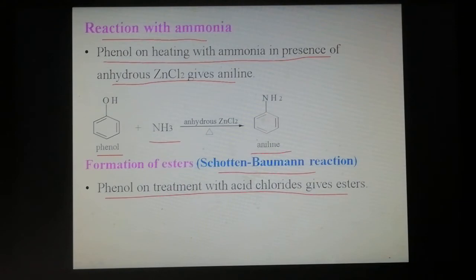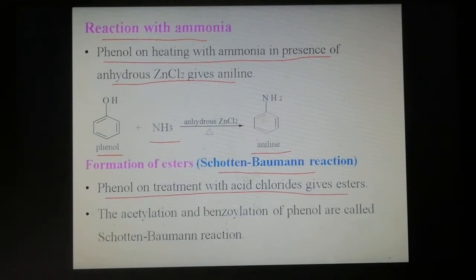Acid chlorides are, for example, acetyl chloride and benzoyl chloride. When acetyl chloride is used for conversion to ester, the reaction is acetylation. When benzoyl chloride is used, the reaction is benzoylation.